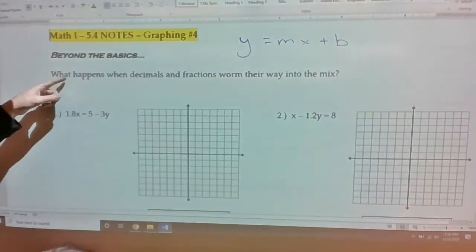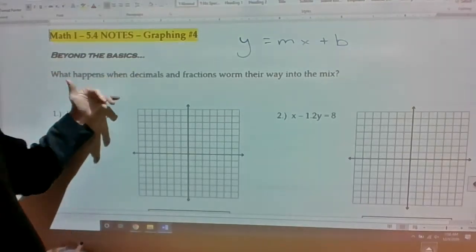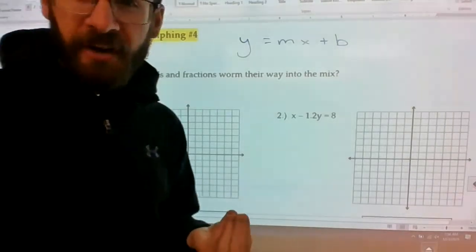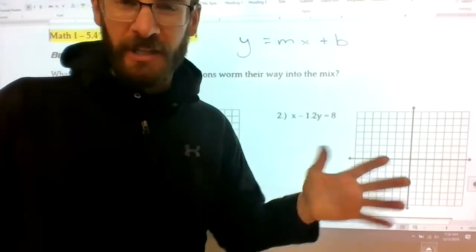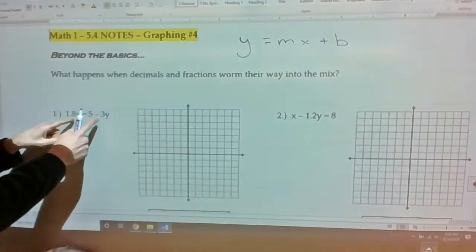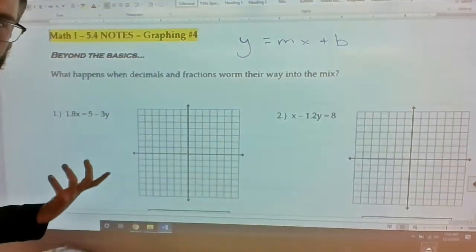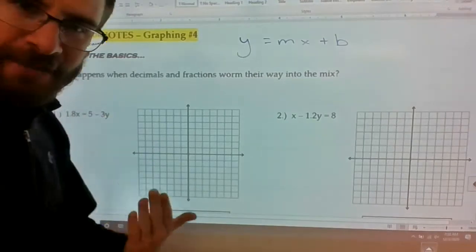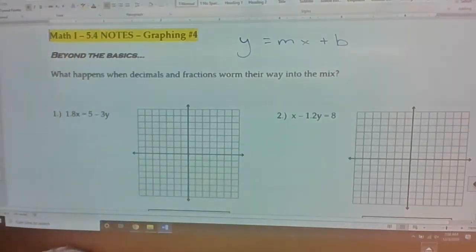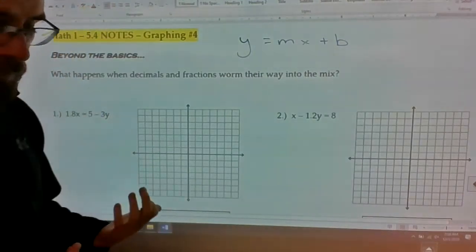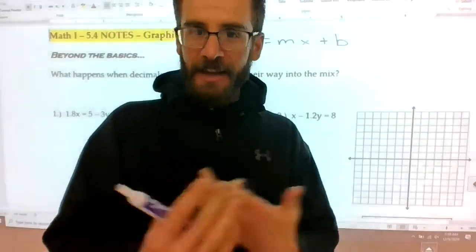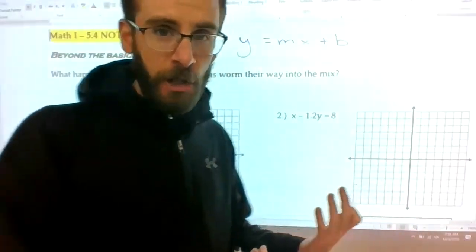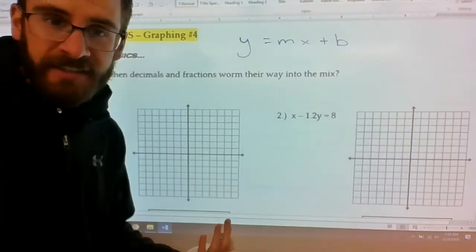All right, so this is beyond the basics. What happens when decimals and fractions worm their way into the mix? We don't usually like dealing with those. So I presented to you two equations that have decimals in them to begin with. Well, we have a strategy that we've been using for a long time to get rid of these decimals.